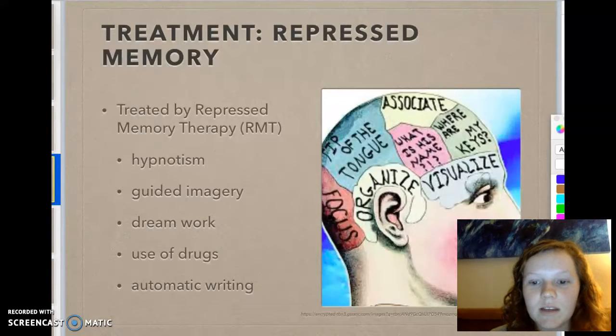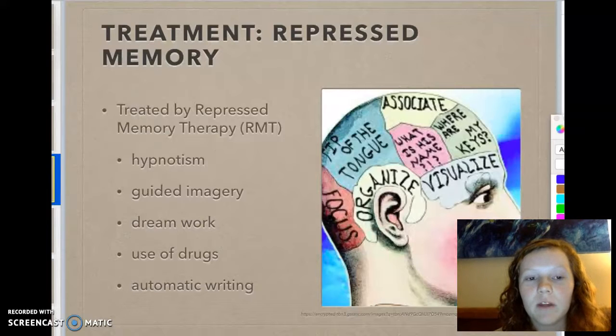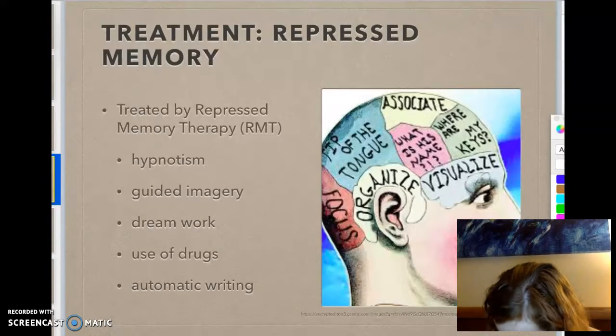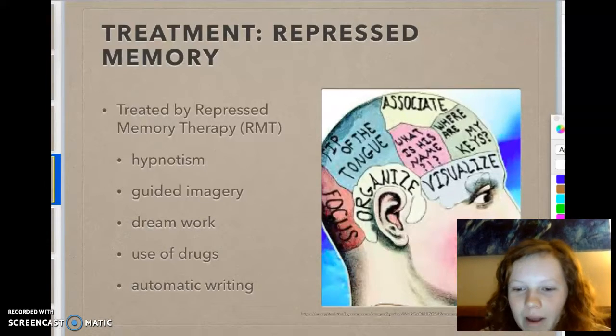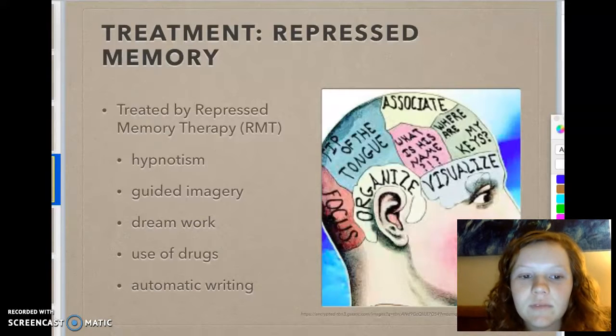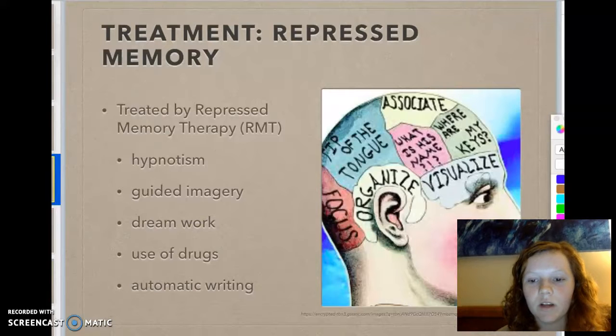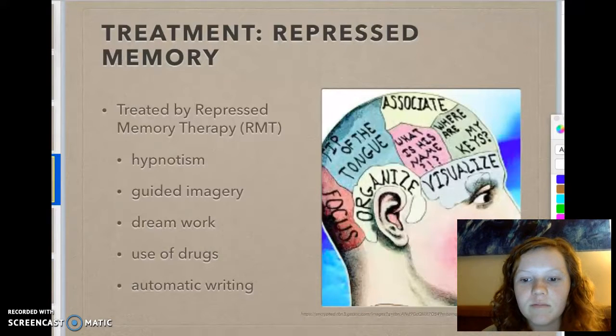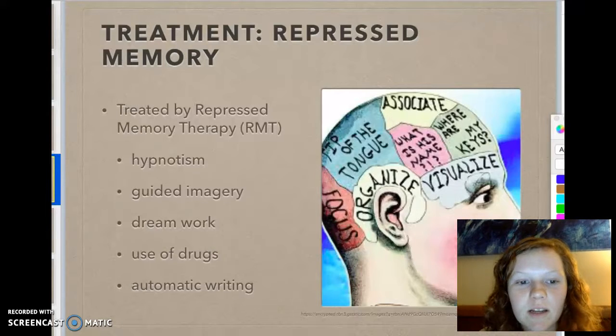How to treat this is with repressed memory therapy, or RMT. There's a lot of different methods to this, but here's just a few: hypnotism, guided imagery, dream work, use of drugs, or automatic writing. I'm just going to explain a few of these. Hypnotism, basically they try to hypnotize you, that's just what it is.